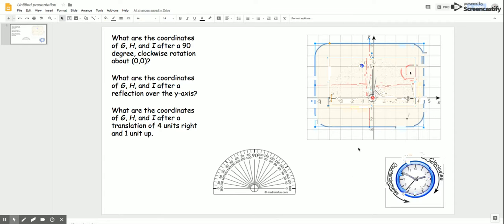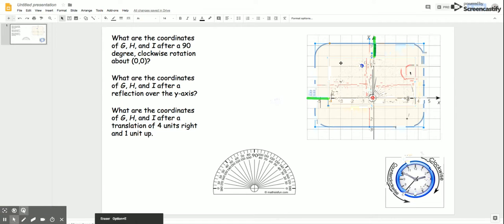Clockwise is this direction. So 90 degrees clockwise, we're going to go from our negative x-axis. I'm just going to put a mark, we'll do that in green. So we're going to go from here, and 90 degrees is at our y-axis. So we're going to stop here.